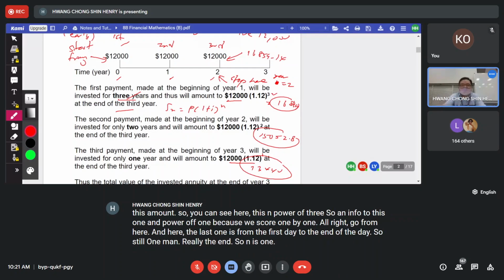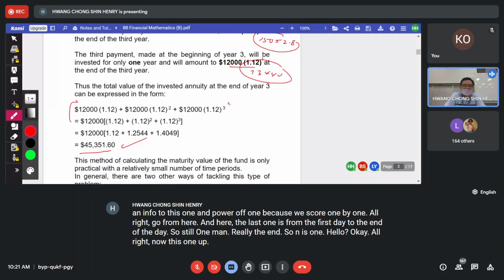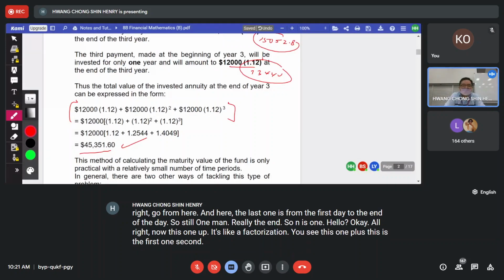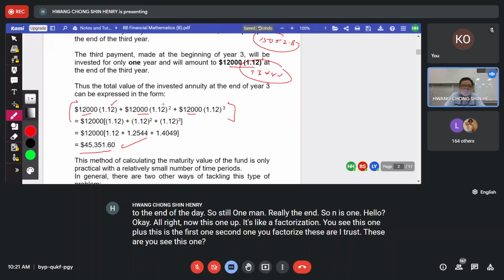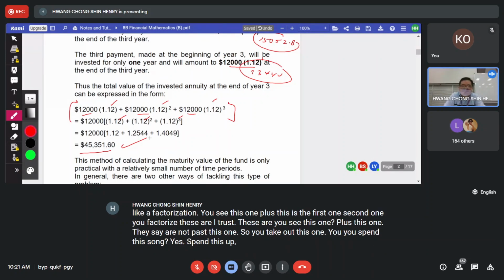Okay. Now this one is like factorization. You see this one plus this is the first one, second one, and the third one. You factorize this, you see this one plus this one, plus this one. So you take out this one, you expand this, you expand this, add it up, then the whole thing times this one also can.